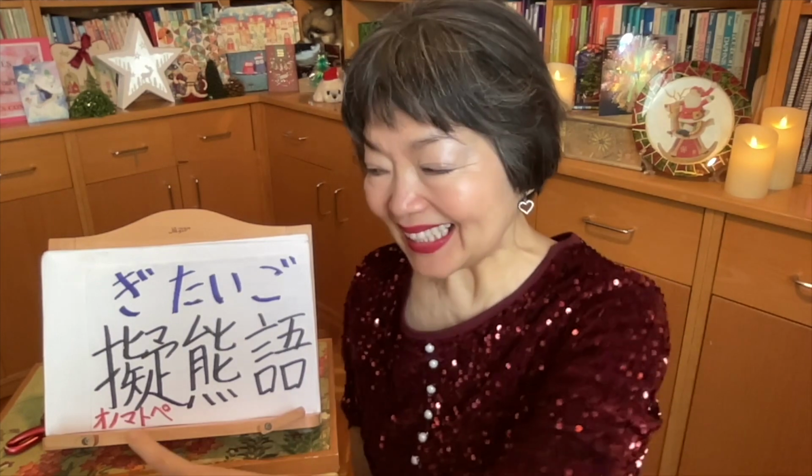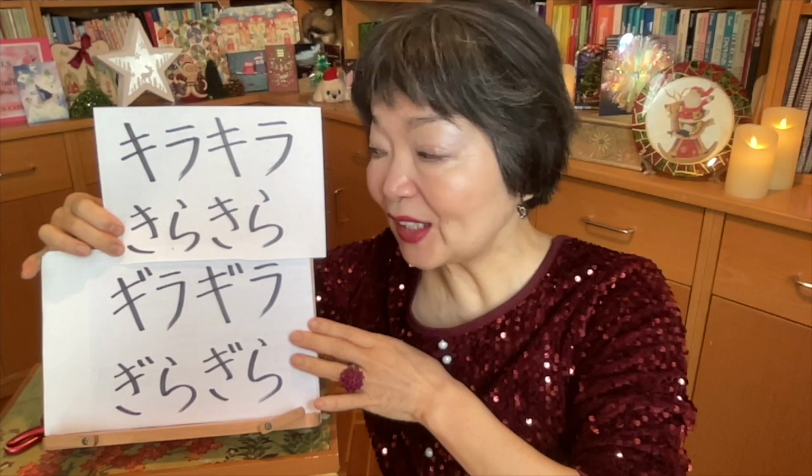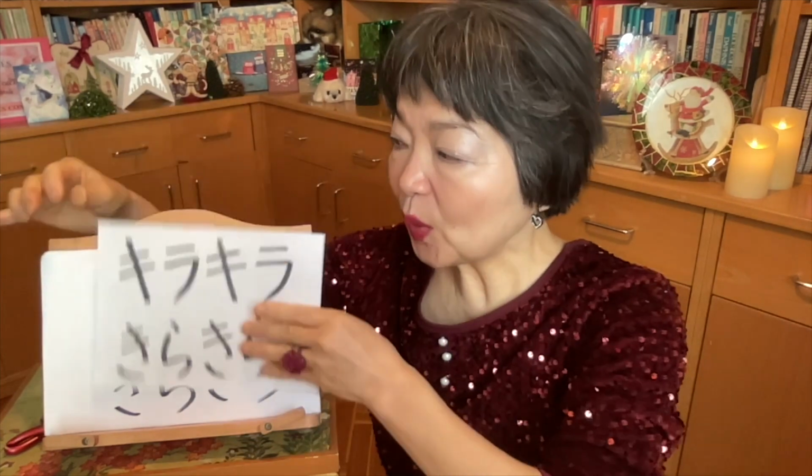Today we are going to learn 2 onomatope, and in this case, gitaigo. We try to express the state of things using this onomatope: kirakira and giragira. The difference is only with or without the dakuten.